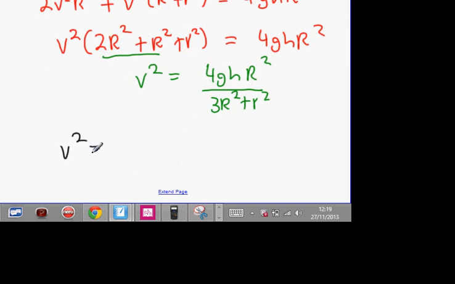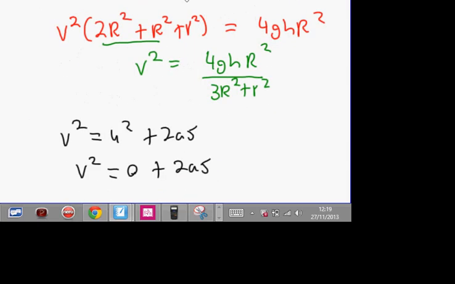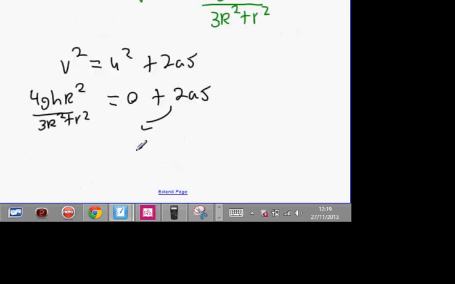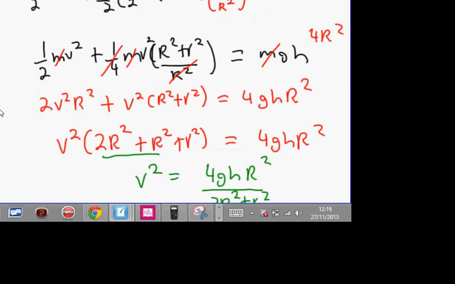Use the formula v squared equals u squared plus 2as. v squared equals 0 plus 2as. Replace in what v squared is. v squared is 4ghR squared over 3R squared plus r squared. Divide by 2, and s is missing, isn't it?